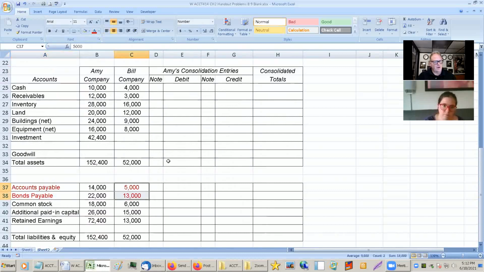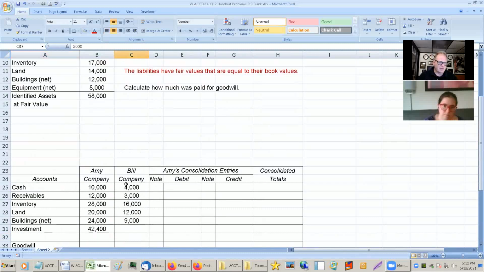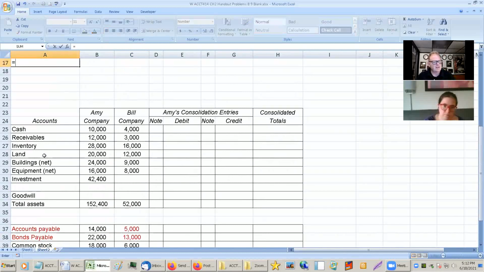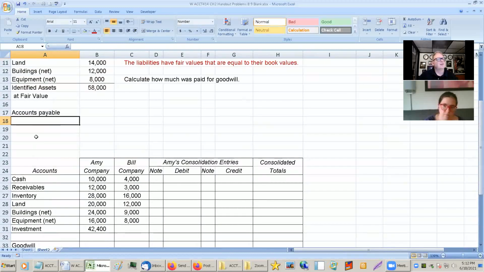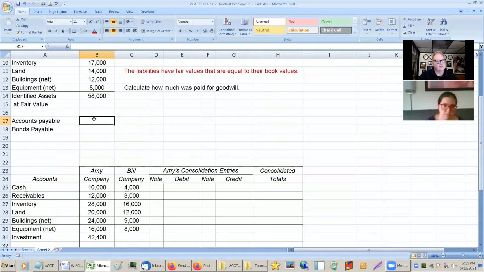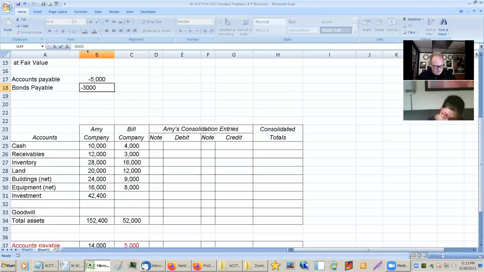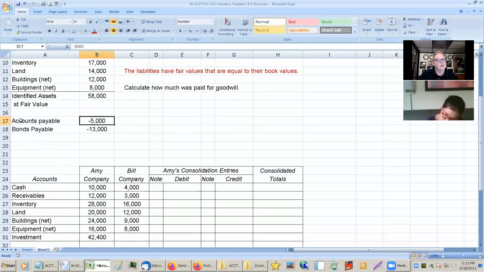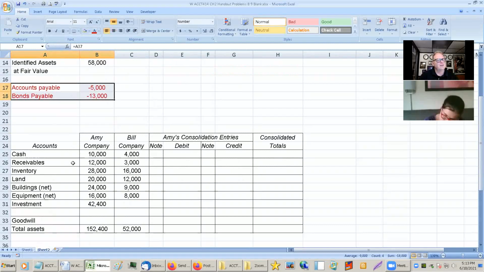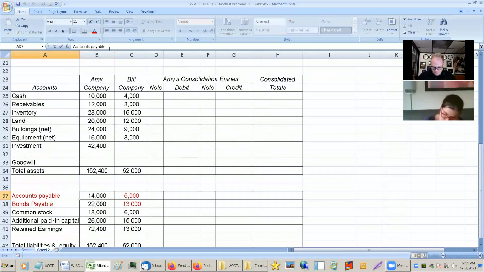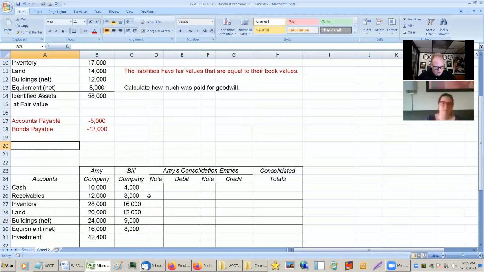They're the same as the book value, which is again very common. Okay, so these are the liabilities.